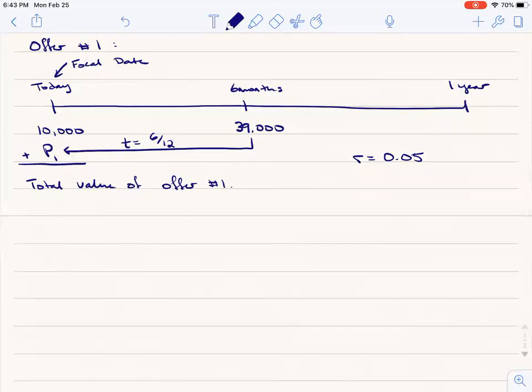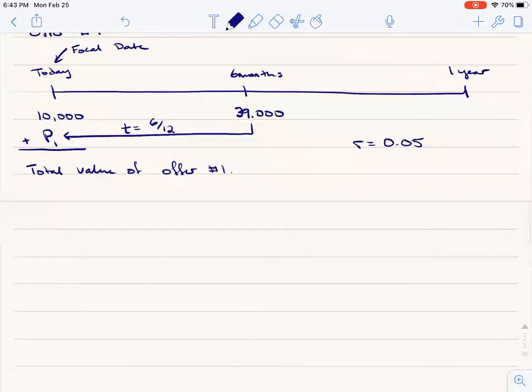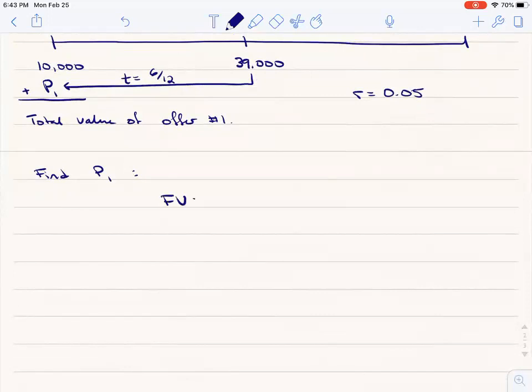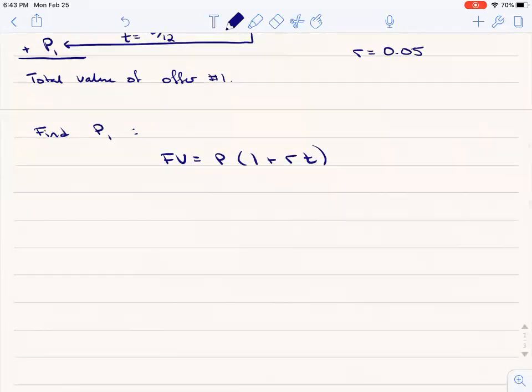So now I'm going to find P1. I know that the future value is P times 1 plus R times T. I can solve for P1, or I can just plug in the values and then solve for P. It doesn't matter.